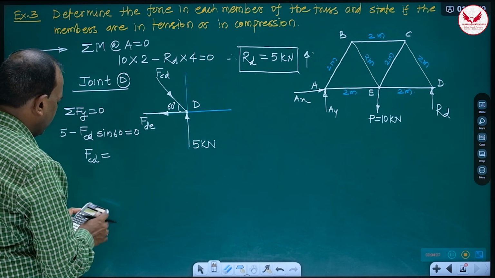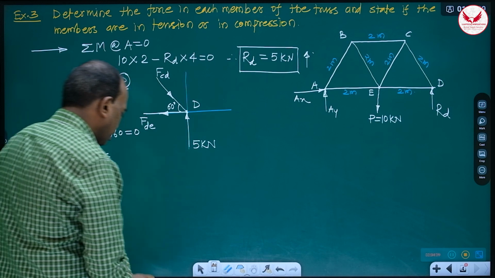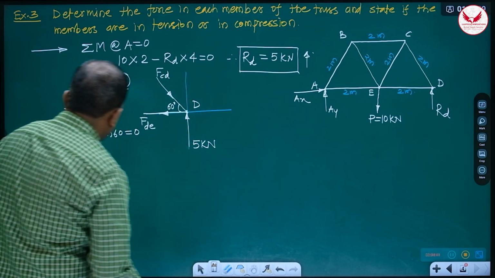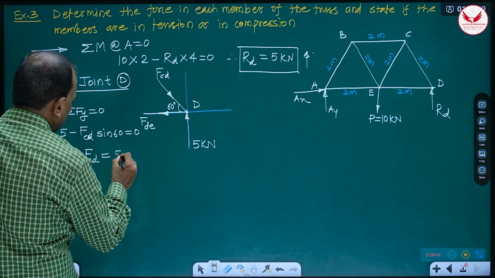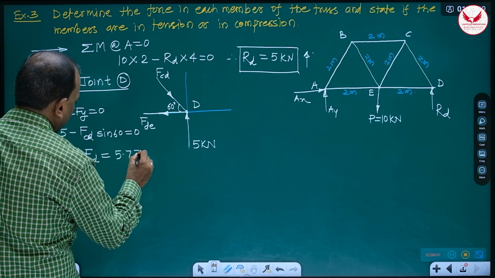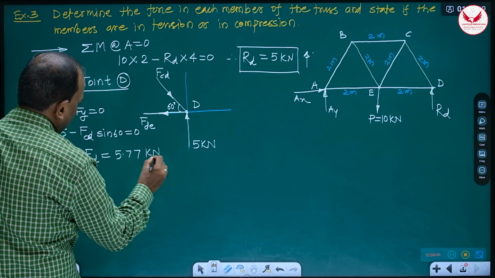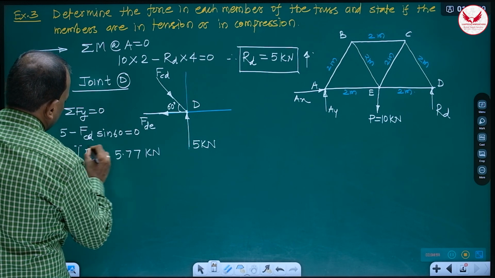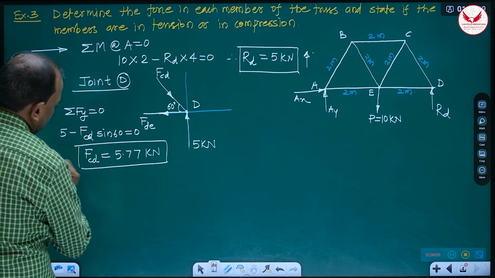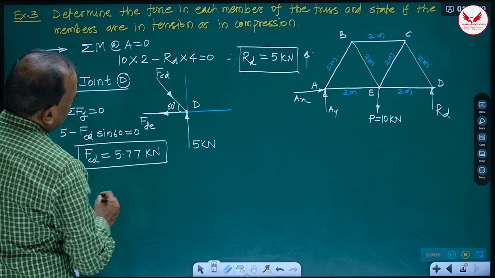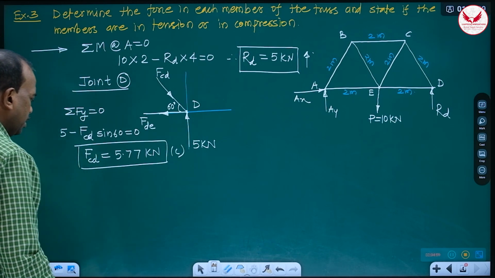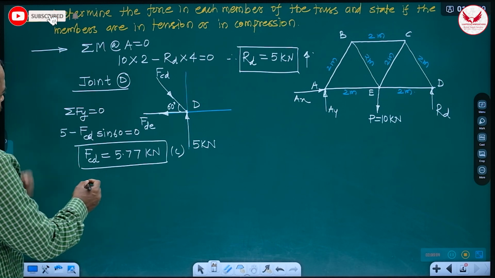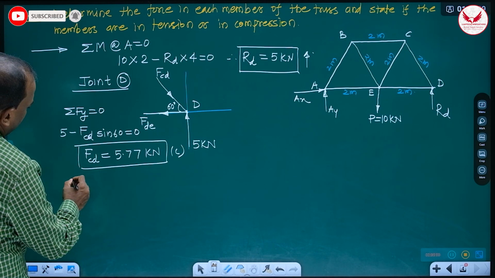It is 5.77 kilonewton. FCD is 5.77 kilonewton. One answer we got. And this answer CD, it is compressive. Then for the second answer, what we'll do?